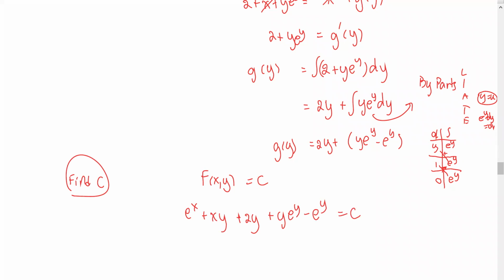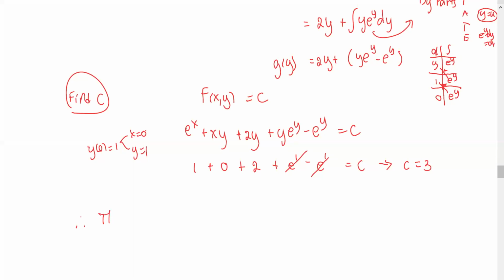To find c using the initial condition, y at 0 equals 1, that means x equals 0 gives y equals 1. So e to the 0, which is 1, plus 0 times 1, which is 0, plus 2 times 1, which is 2, plus 1 times e to the first, minus e to the first equals c. The e to the first cancel, giving us c equals 3.